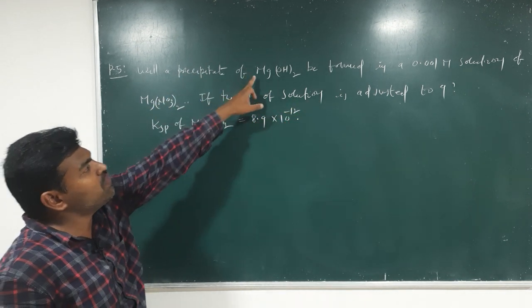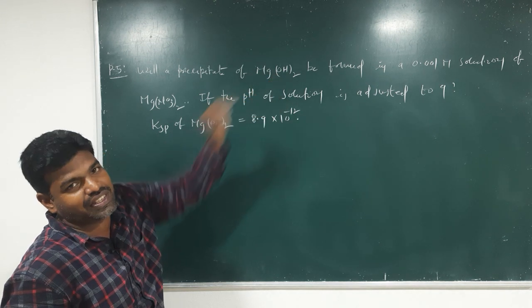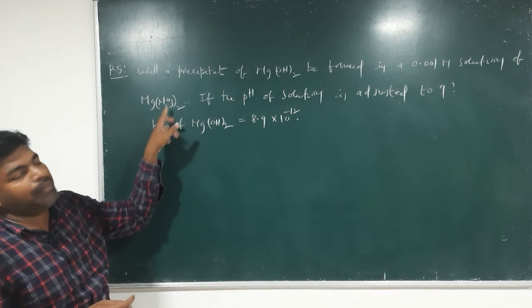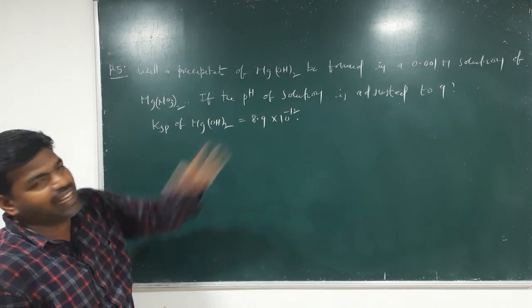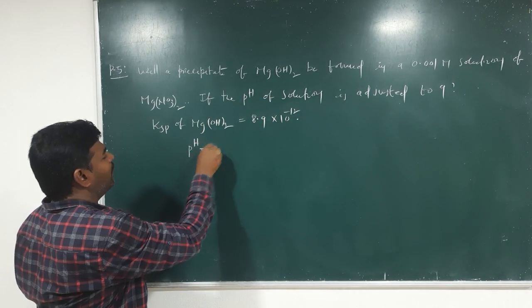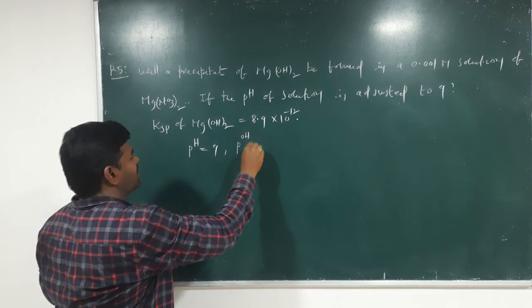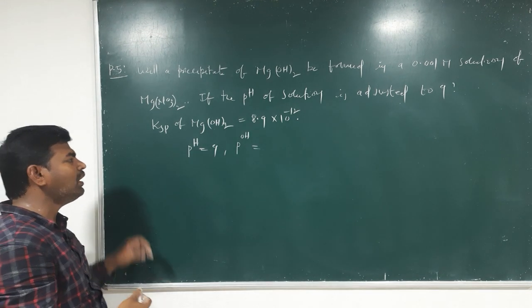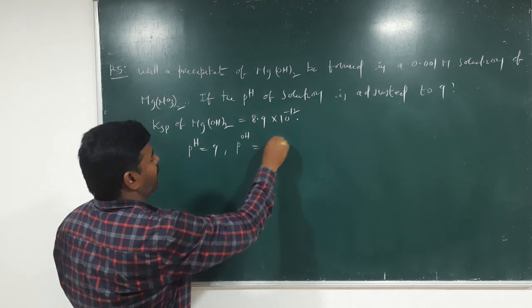Magnesium hydroxide is a base, but the given pH is 9. So, from this pOH is 5.